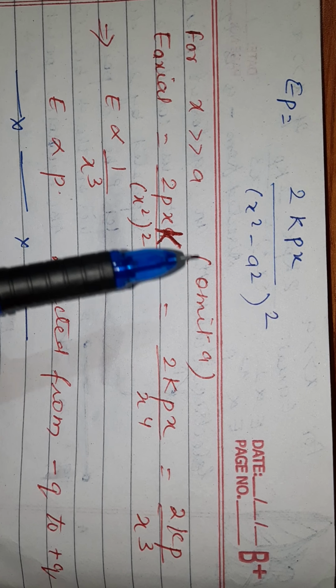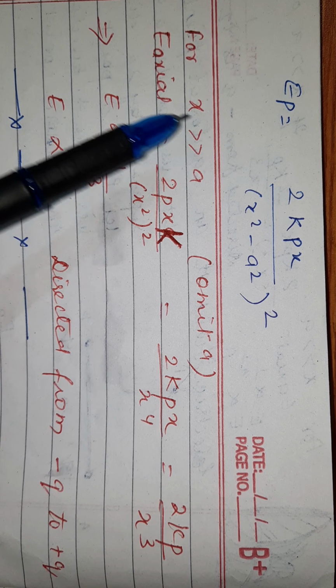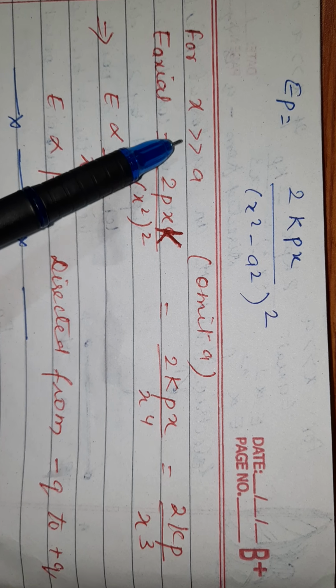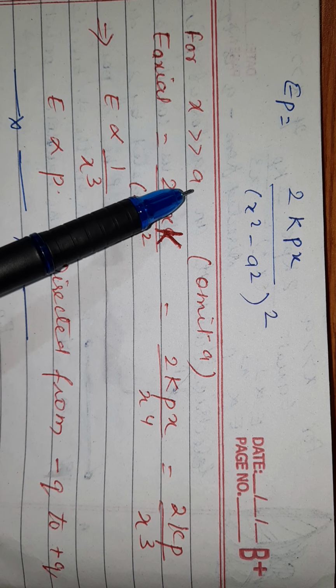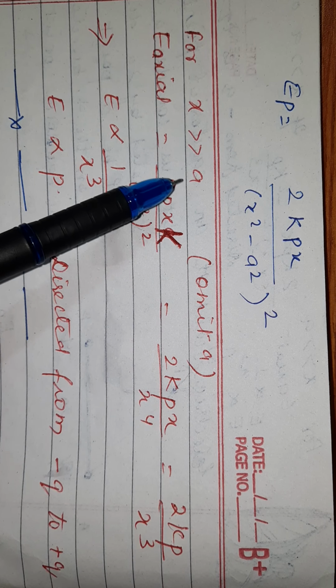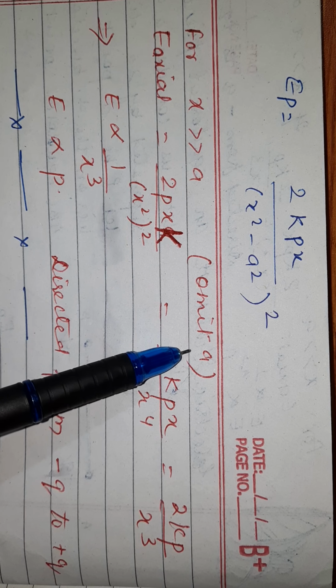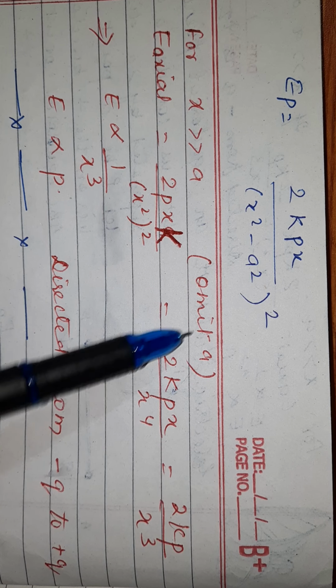Now further we can see that if x is much larger than a, so if the value of x is much higher than a, we can omit a in this term.